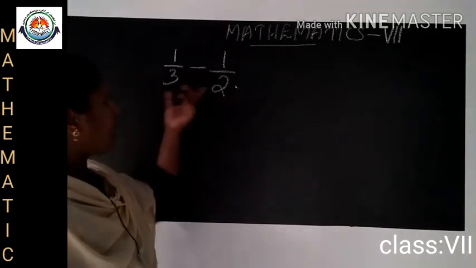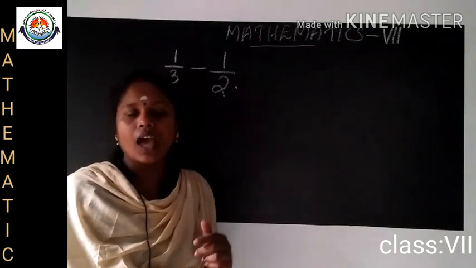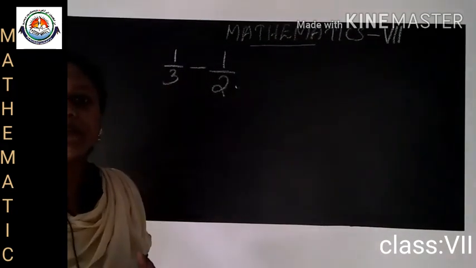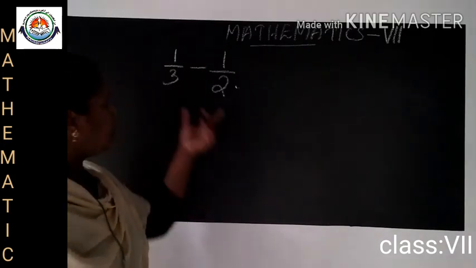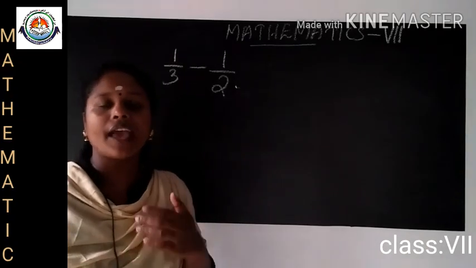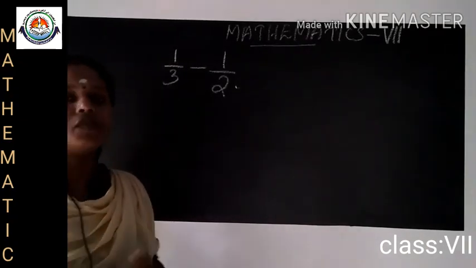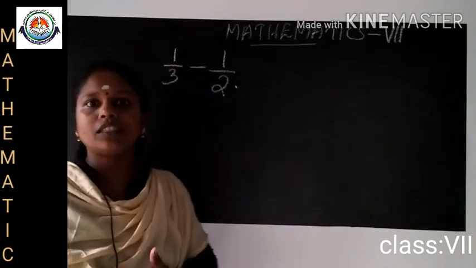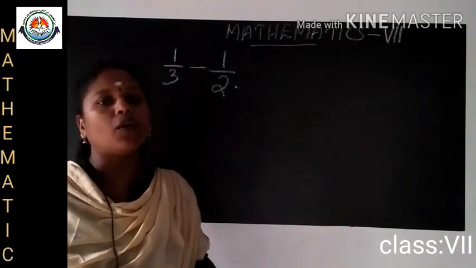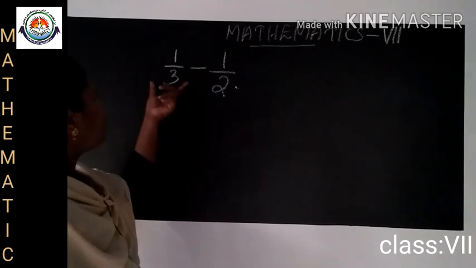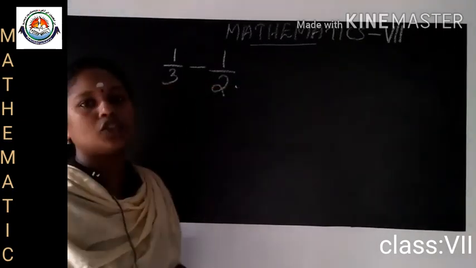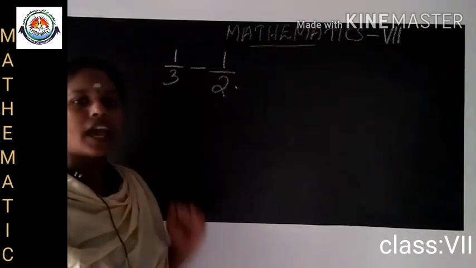To subtract these fractions, first we have to equalize the denominators, which means we need to take the LCM. We can add and subtract only like fractions. Like fractions means fractions with the same denominators. Here in 1 by 3 the denominator is 3 and here it is 2, so they are not like fractions.